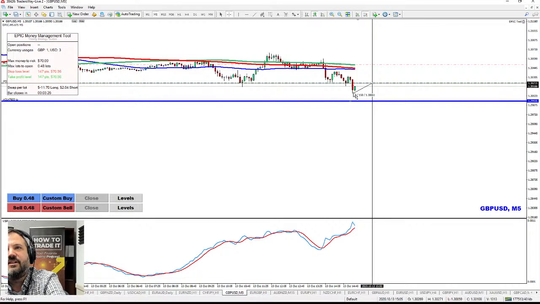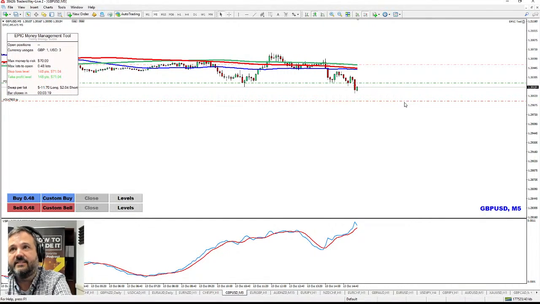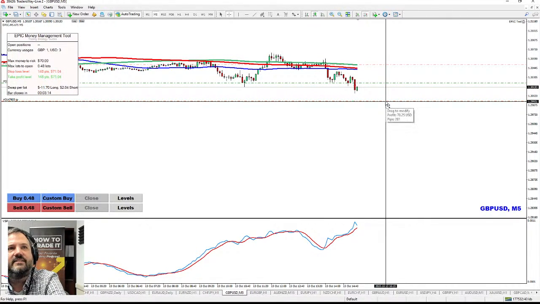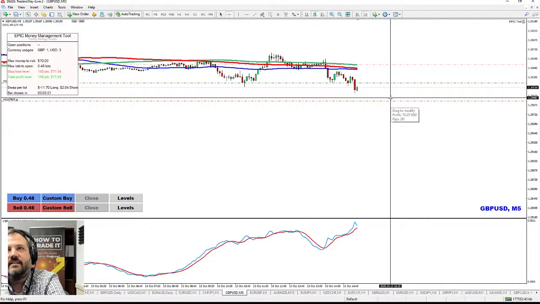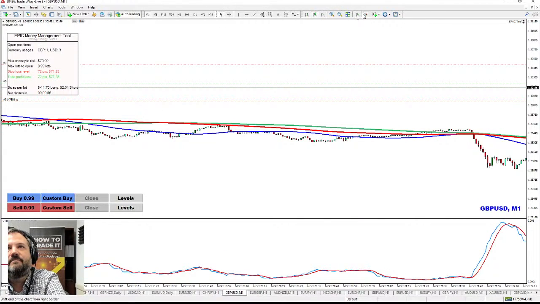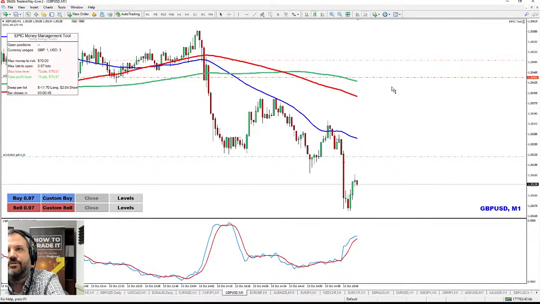I was actually already up 15 pips, and let's get rid of this line so I can see the profit on this is $28. So I was over halfway. All right, so I'm going to tighten this up already. No reason to hold this risk.